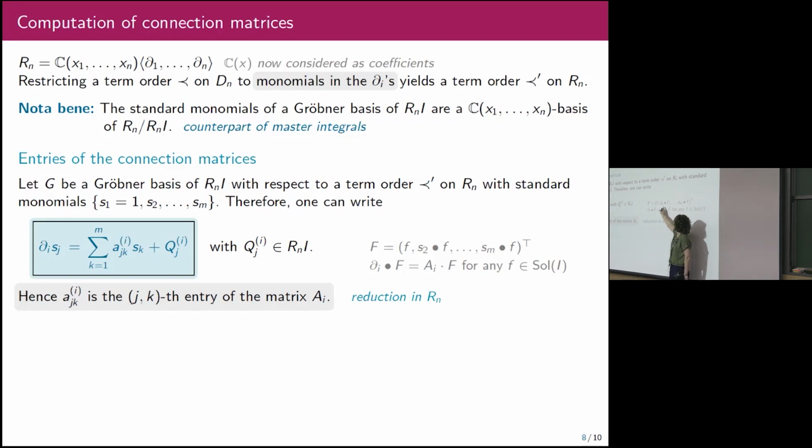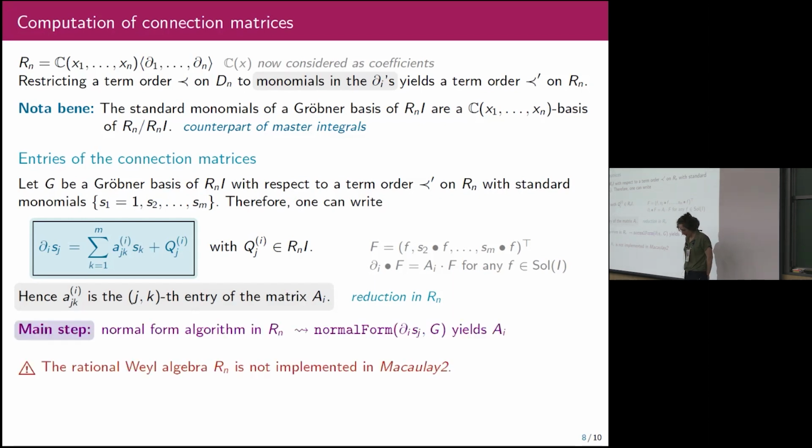So what we need to know is what is D_i times S_j? Each of them can be written as an operator which is contained in our ideal I, plus something which is not contained in it, so a linear combination of the S. By that you can read that the small a's are really the entries of the connection matrices. To compute them, we need to do a reduction, like a division with a remainder in the rational Weyl algebra.